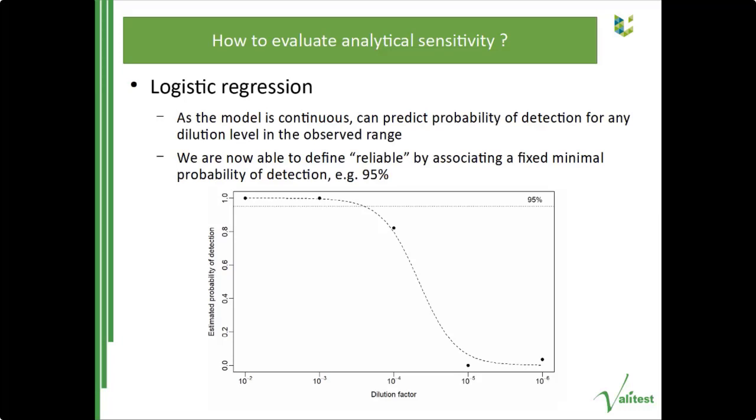With this model, as it is continuous, we can predict the probability of detection for any dilution level in the observed range. So we are now able to define reliable by associating a fixed minimal probability of detection, for example, 95%. How can we calculate the associated dilution level?